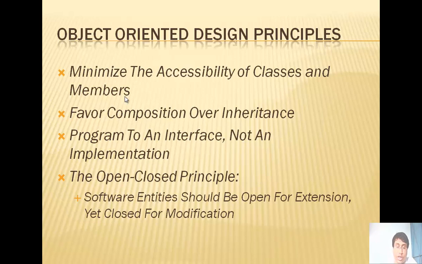Because if we don't expose classes or class members unnecessarily to others, then when programmers are writing the code, they will not think about the unnecessary details of the implementation or how the class or object internally works. They don't have to consider those. They can just know the object superficially, from the outside view, and work with that.